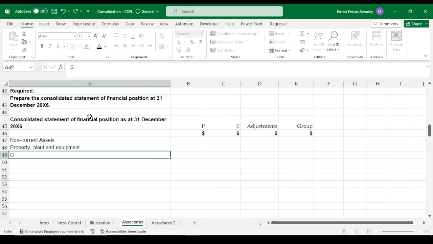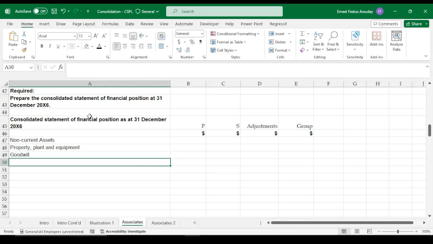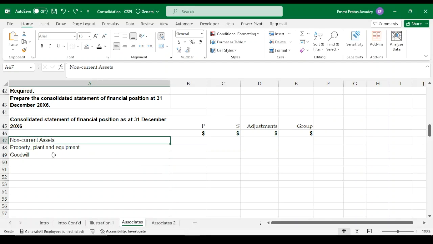Then we are going to have our goodwill, and then the investment in associates. This is just a pro forma. This is how we answer consolidated financial statement questions. So you first of all draw up a pro forma financial statement, and then you can insert your figures from the separate financial statements as presented to you in the question.